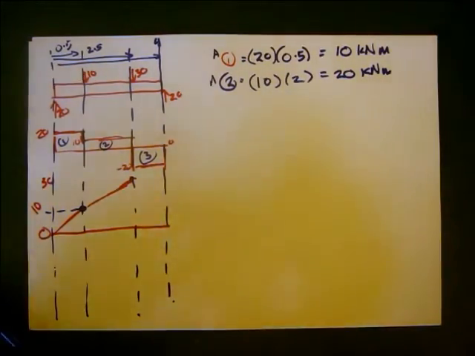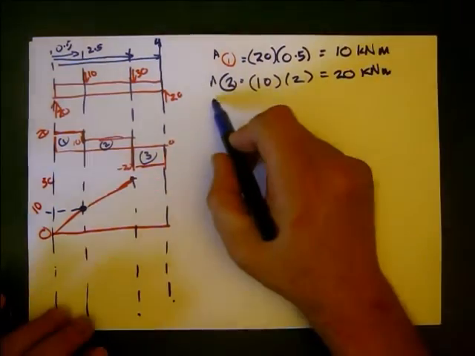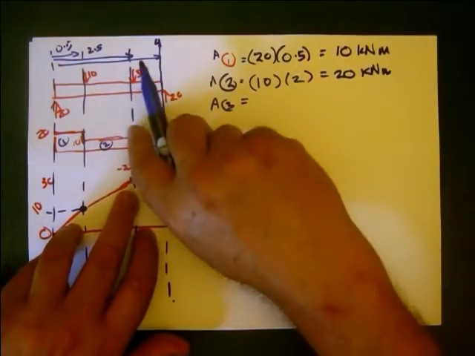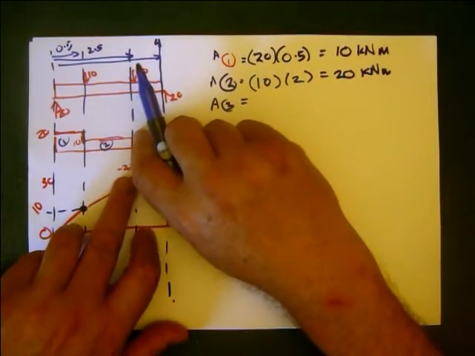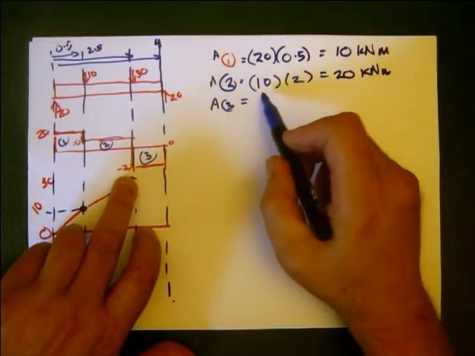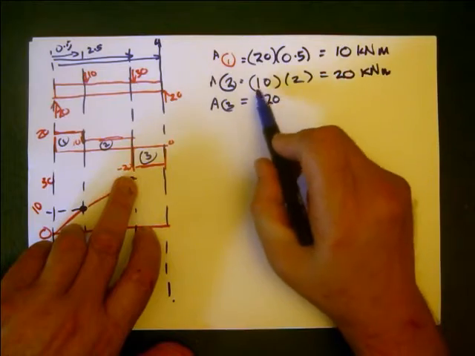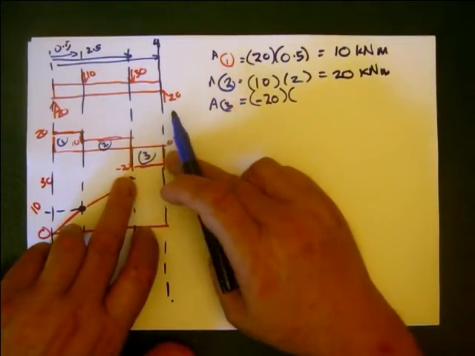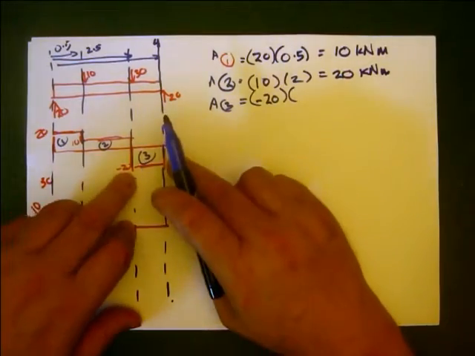And the last bit that we can do is we add on area 3, which is equal to, well, what's the force here? This is negative 20 kilonewtons. Because it's under the line, this is going to be a negative area, so we're going to subtract this.